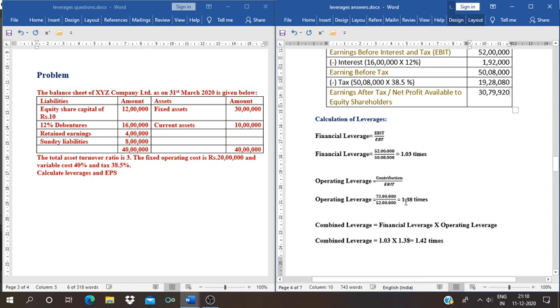Operating leverage is 1.38 times and financial leverage is 1.03. Then combined leverage, the formula is financial leverage into operating leverage. So combined leverage is 1.03 into 1.38, which is 1.42 times.